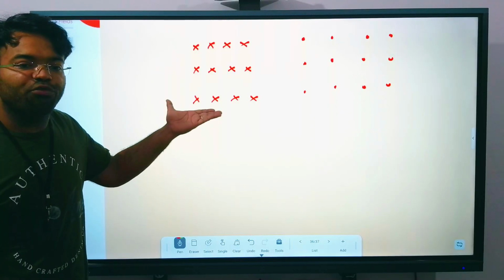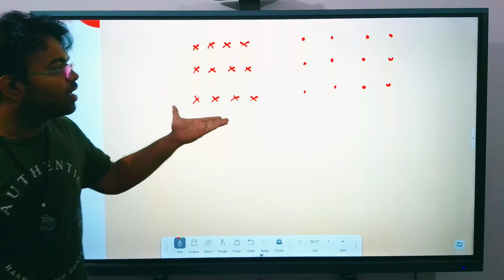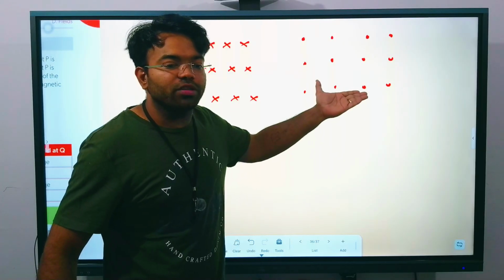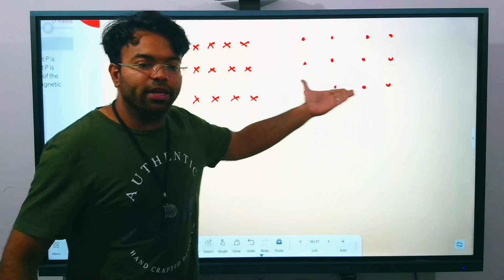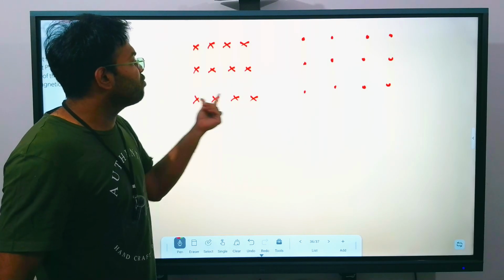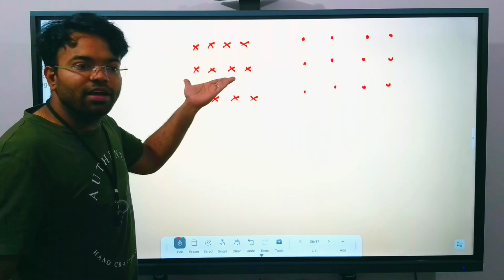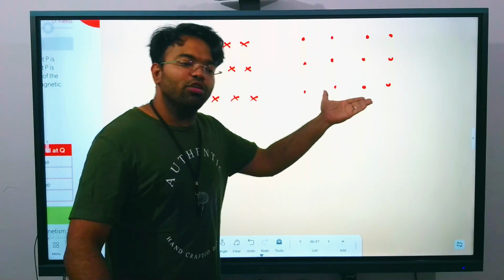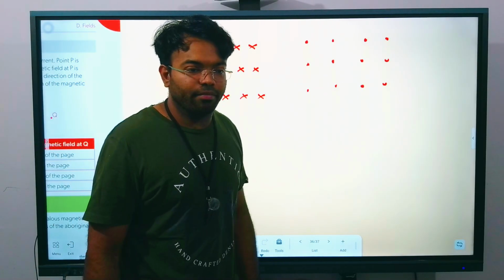This shows the field is going inwards. This shows the field is going outwards. Both of them are spaced uniformly, right? The two lines have uniform spaces between them. Therefore, this is a uniform inward field and this is a uniform outward field. Okay.